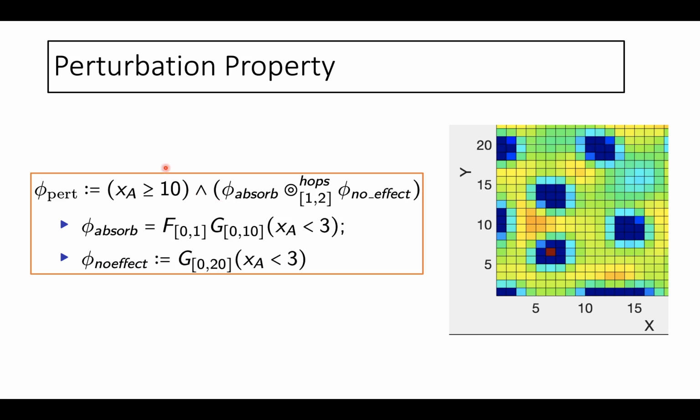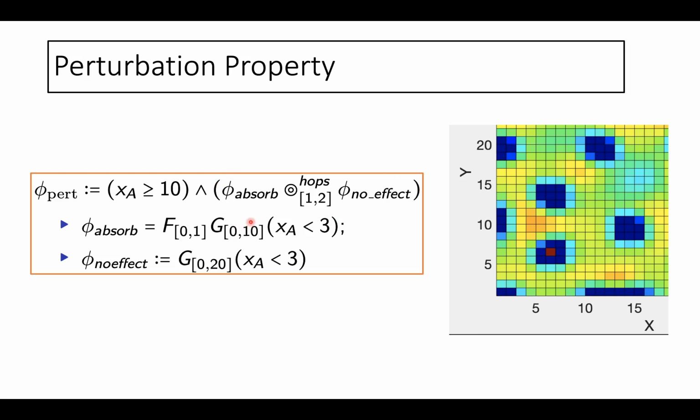So the property that we are considering is this one, where in the first part there is this atomic proposition, and if you remember, we are going to check then the satisfaction of the property at time 0. So the only location that can satisfy this property is for sure the location we have perturbed, because all the others have a value that is less than 10. And then for sure it is the only one that can satisfy it, but it should satisfy also the second part.